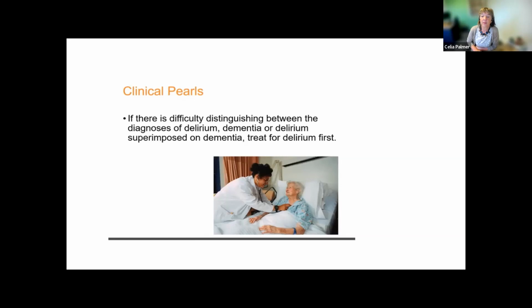But really the message is, if we treat the delirium first, then we can't cause too much harm in that way. But certainly history is key with dementia patients. They wouldn't normally get the fluctuation. So perhaps the only exception to that might be in a Lewy body dementia. So really history is key here.